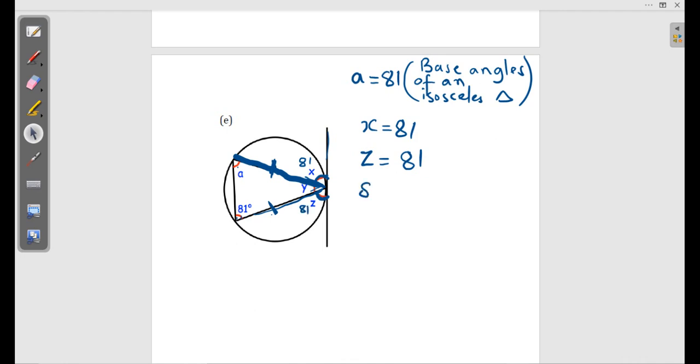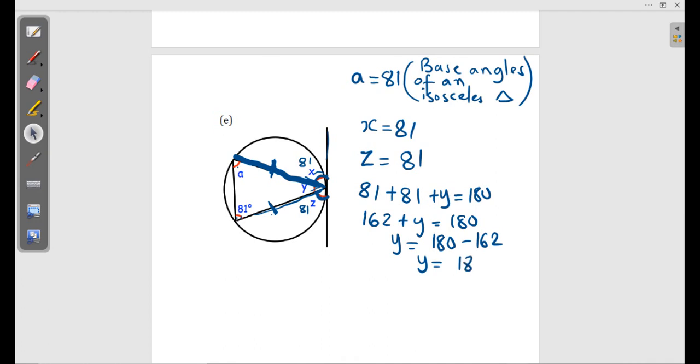What will be our y? Then we can say 81 plus 81 plus y equals 180 degrees, angles on a straight line, and that gives us 162 plus y equals 180 degrees. And y is 180 minus 162, which gives us 18 degrees.